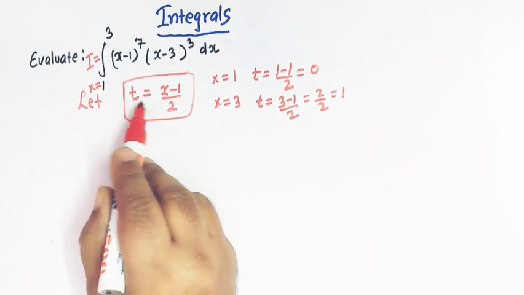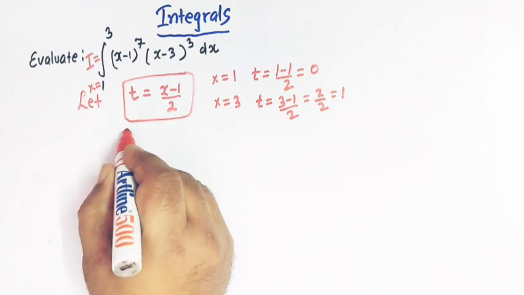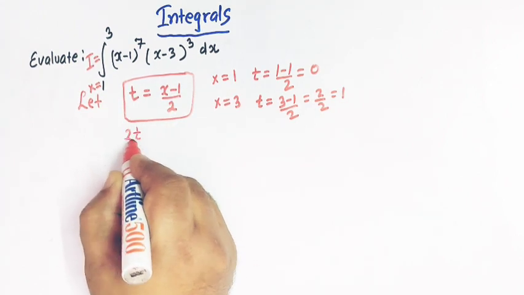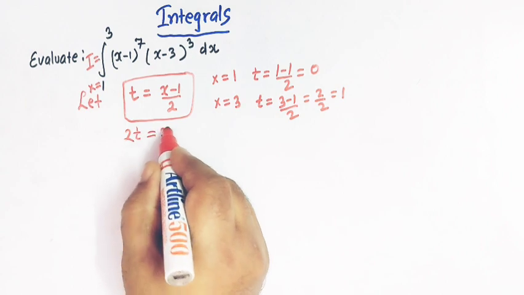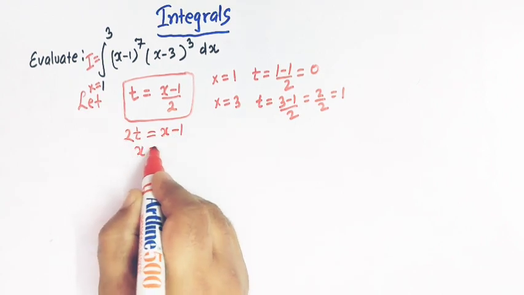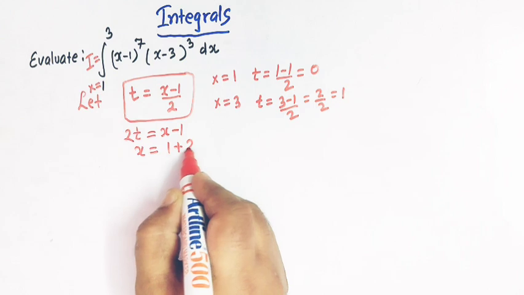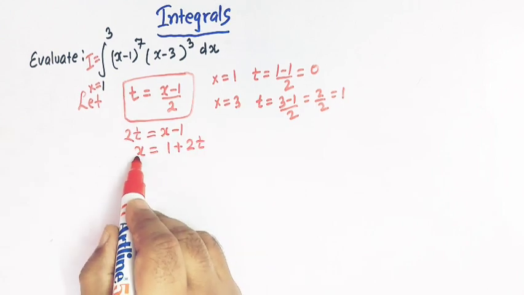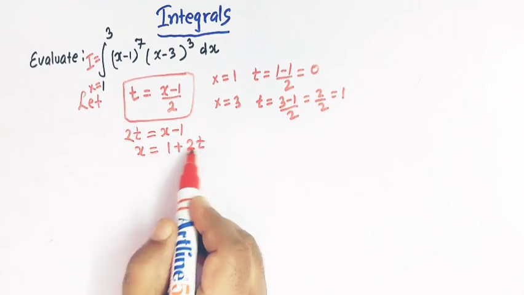Now we have t equal to (x minus 1) over 2, so we can write 2t equal to x minus 1. So x can be written as 1 plus 2t. Now let us differentiate x with respect to t.